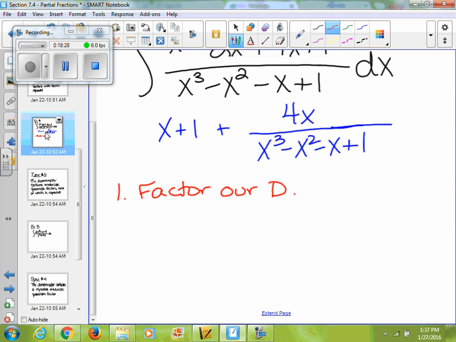Okay, so the second step is to factor your denominator. In this case, our denominator is x cubed minus x squared minus x plus 1, which factors to x minus 1 squared times x plus 1. That's how that factors.